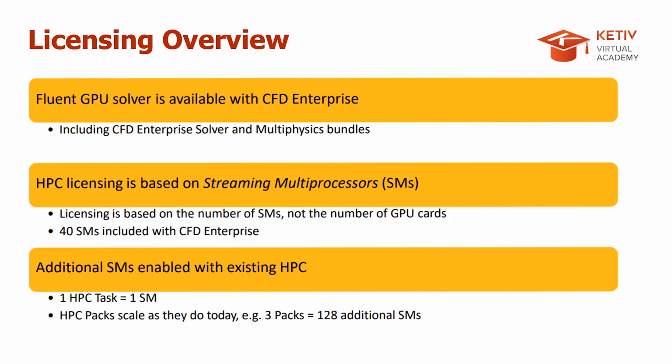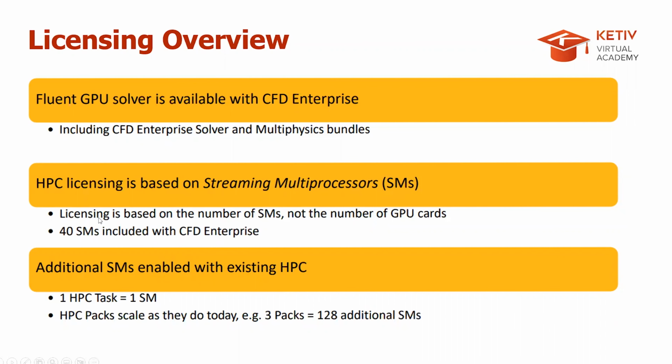But what you basically need to remember is that right out of the box with CFD Enterprise, 40 streaming multiprocessors are already included. That means that up to 40 streaming multiprocessors, you will not need any additional HPC licensing. As long as you have CFD Enterprise, those 40 SMs are already included.